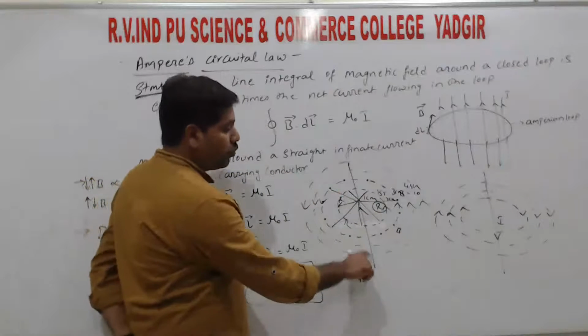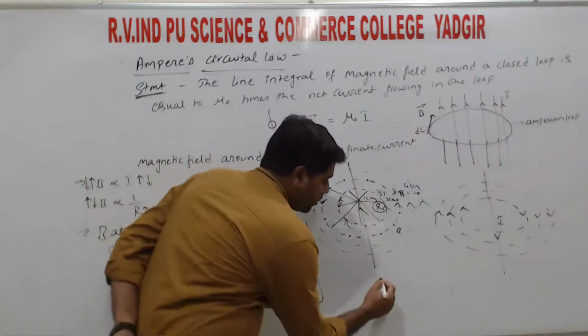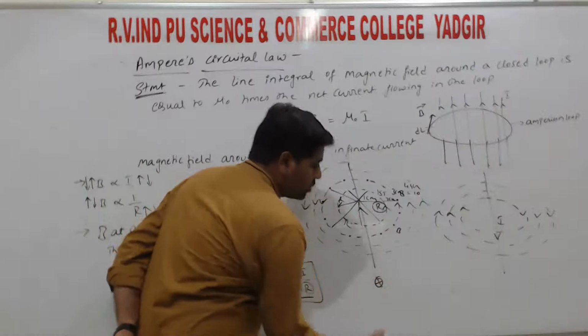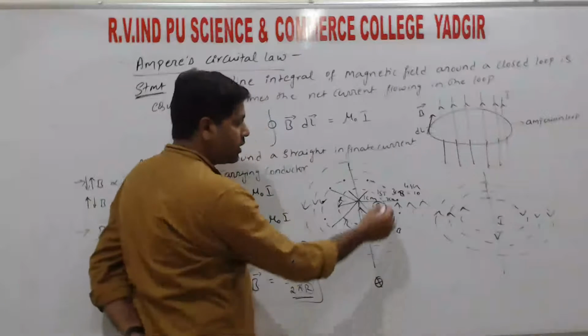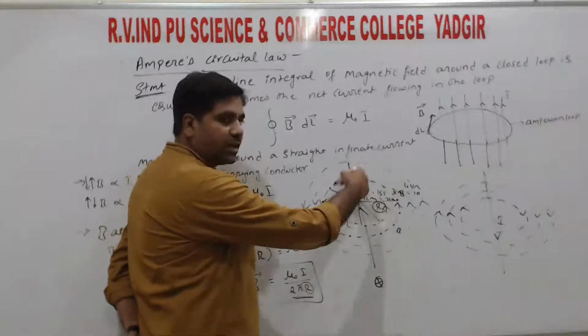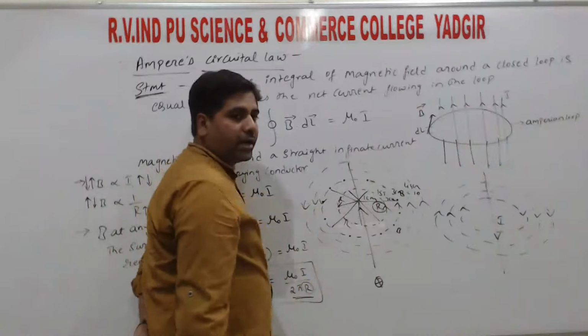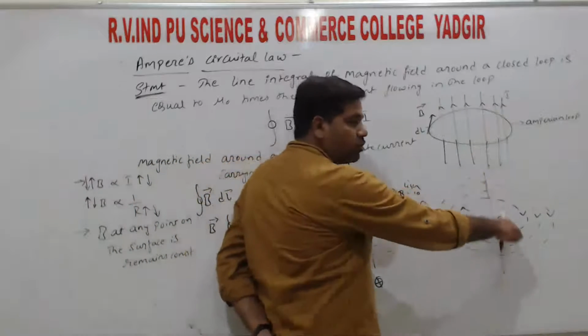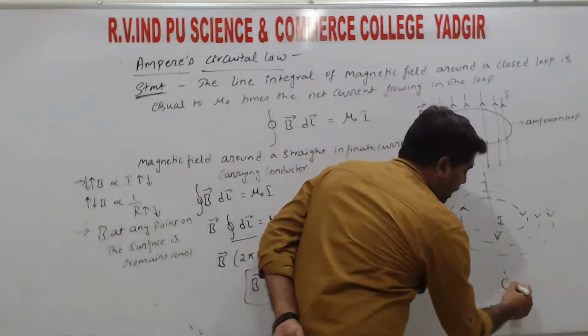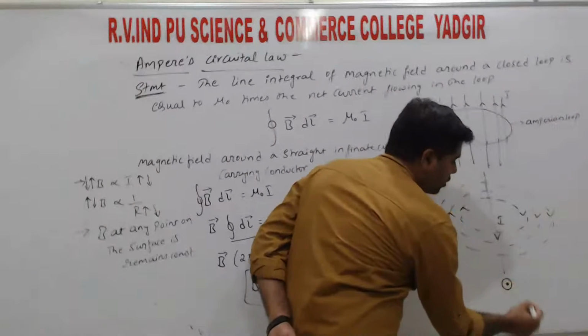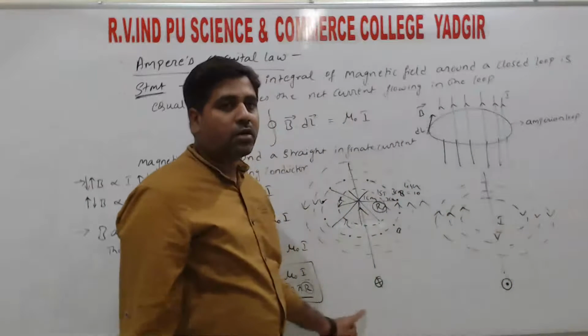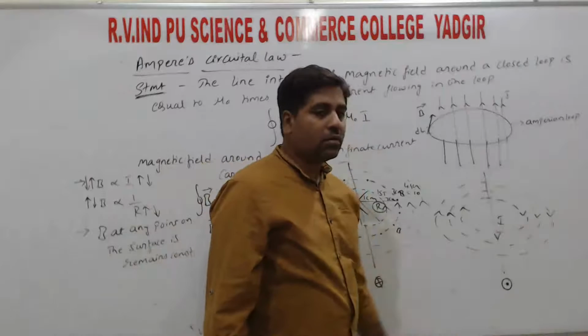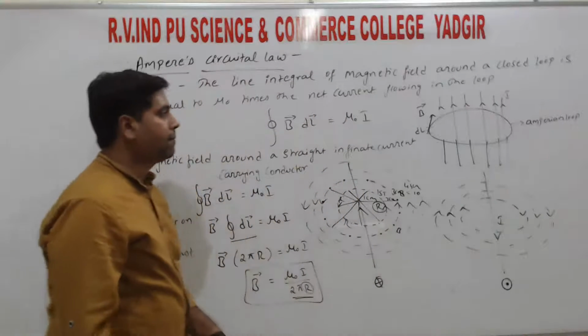If it is moving inside the board, we represent the magnetic field with a cross symbol, representing anti clockwise flow of the magnetic field. If it is coming outside the board, it is represented by a circle with a dot. So it represents the magnetic field, cross and dot, right?